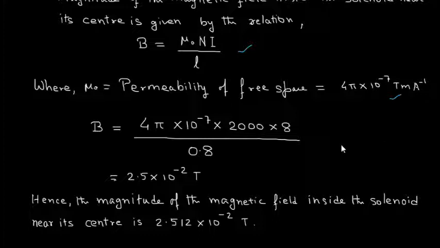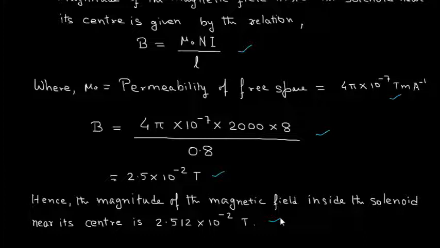B is equal to 4 pi multiplied by 10 to the power minus 7 multiplied by 2000 multiplied by 8 upon 0.8. Upon solving, we get 2.5 multiplied by 10 to the power minus 2 T. Hence, the magnitude of the magnetic field inside the solenoid near its center is 2.512 multiplied by 10 to the power minus 2 T.